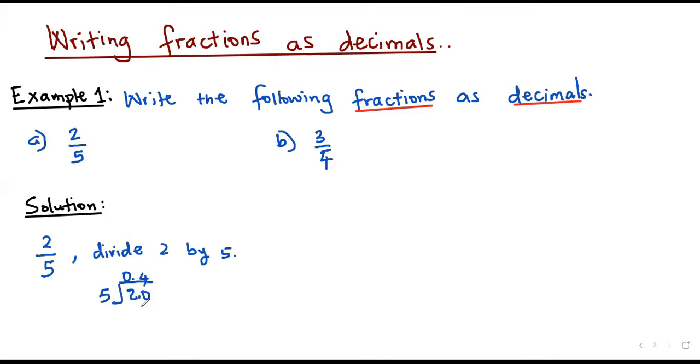And 4 times 5, you will still get 20. And then when you subtract, you get a 0. So this means that 2 out of 5 is the same as 0.4. Did you understand that? Yes. Okay, that is our part A.